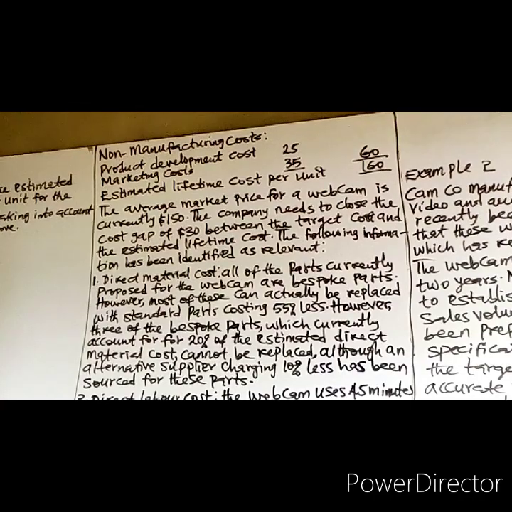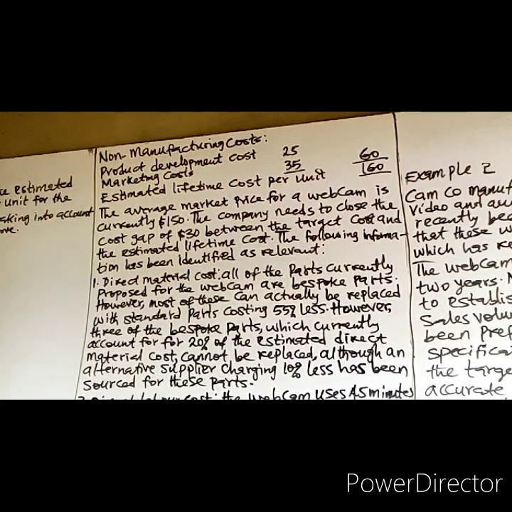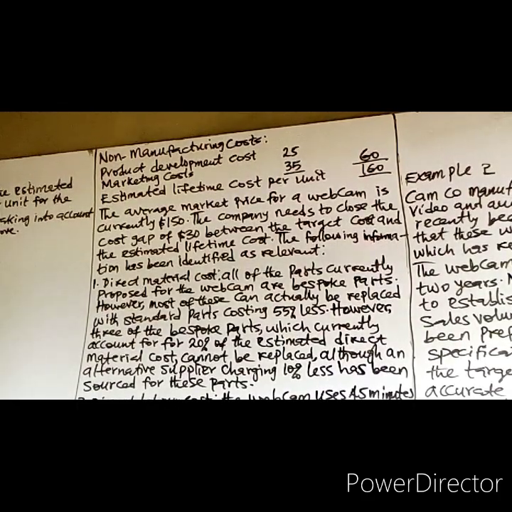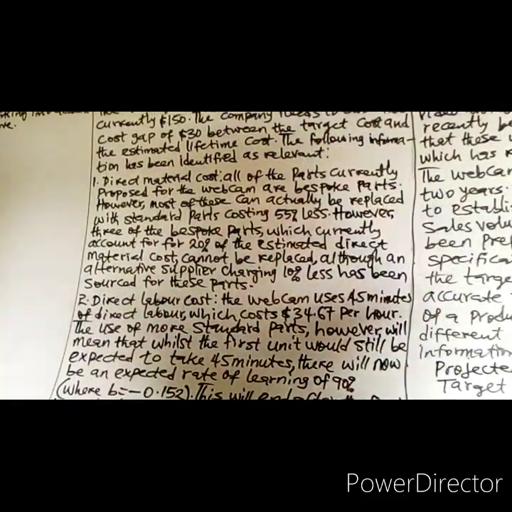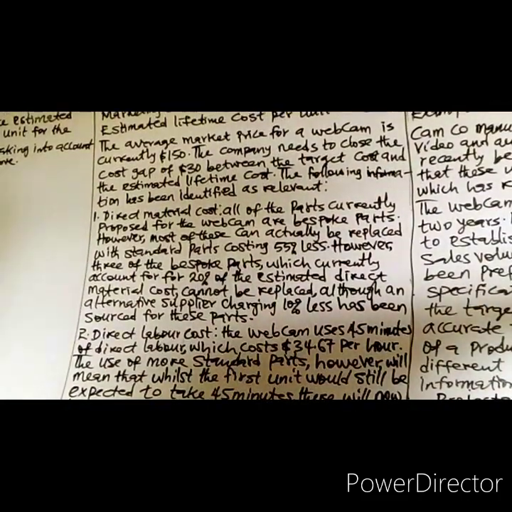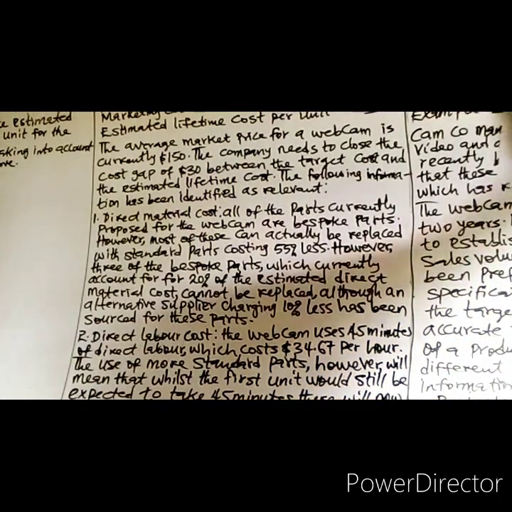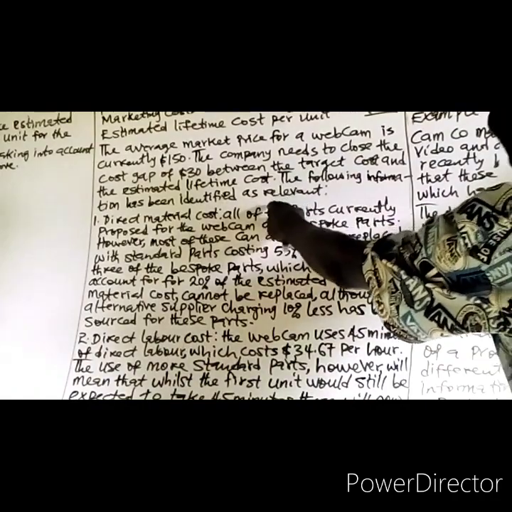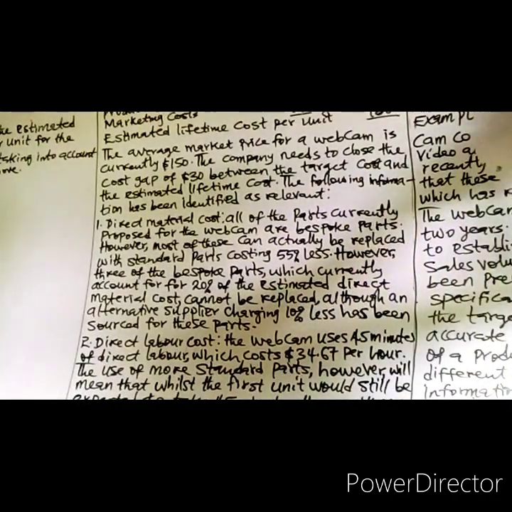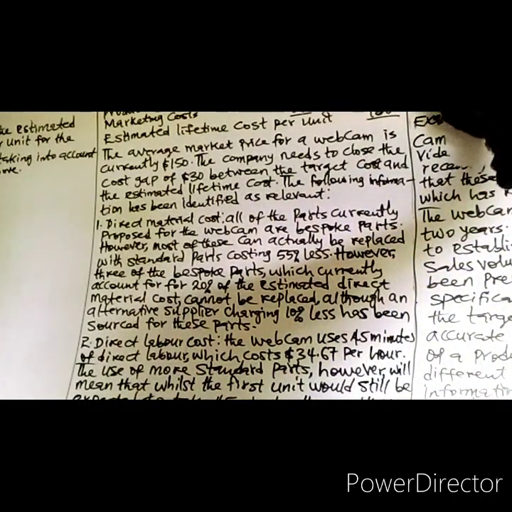The company needs to close the target gap of $30 between the target cost and the estimated lifetime cost. The following information has been identified as relevant. 1. Direct material cost.